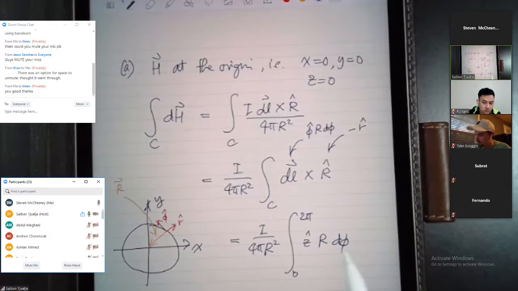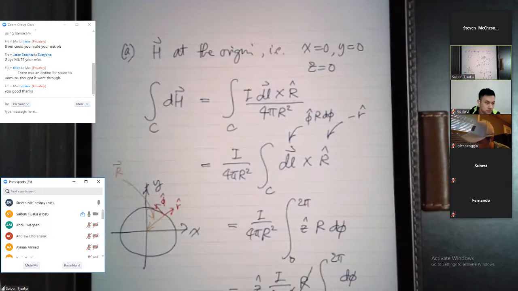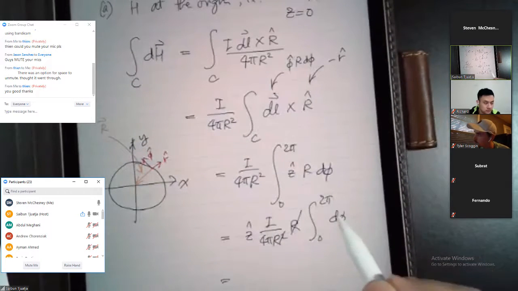So basically, I end up with z hat I over 4 pi r squared, and then times r, because it's not depending on the integration, and then integrate from 0 to 2 pi d phi. R and this cancel out. So what is this integral? This integral gives you 2 pi, right?